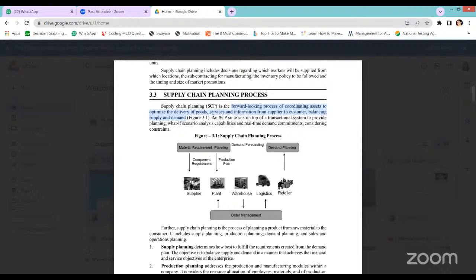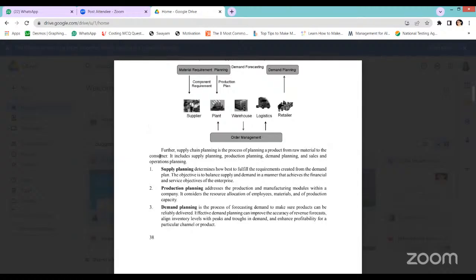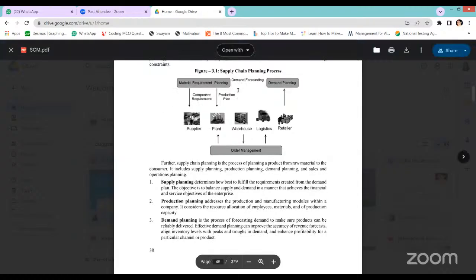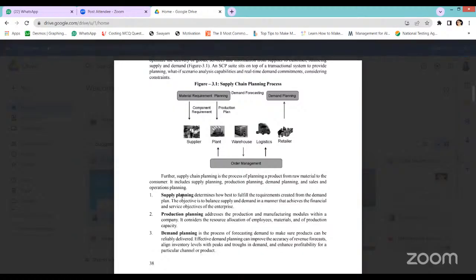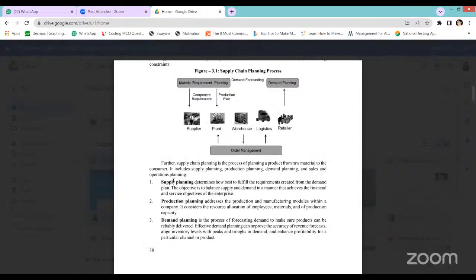The next one is supply chain planning tools, which sit on top of the transaction system and provide planning and analysis capabilities and real-time demand commitments considering the constraints. So yes, this picture again you can present in the supply chain planning process, and the same will be explained with the help of these points.